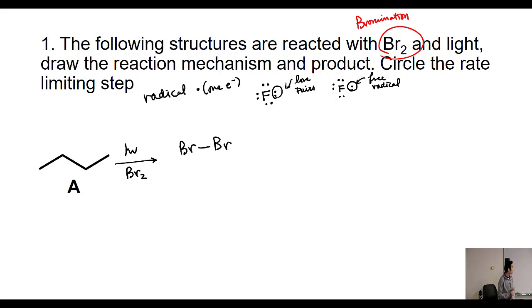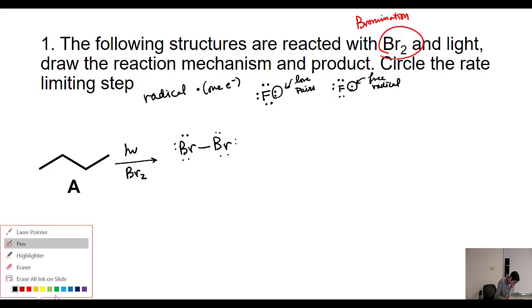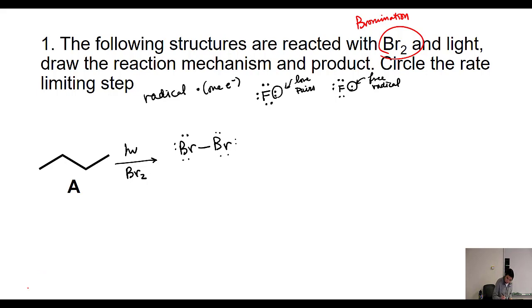So I have Br bonded to Br, with all my lone pairs around it. And this is a covalent bond, which means I have one electron here and one electron here. Covalent bond, you're sharing 2 electrons between the 2 atoms.